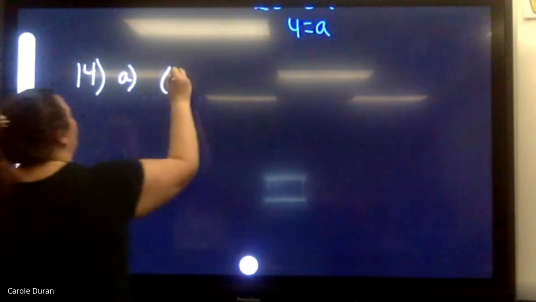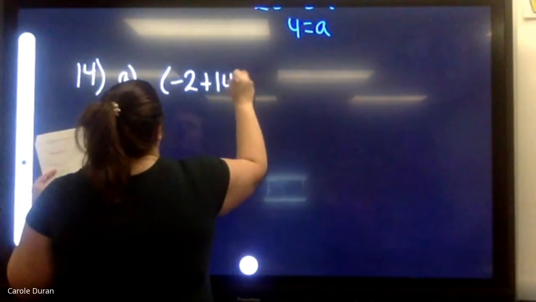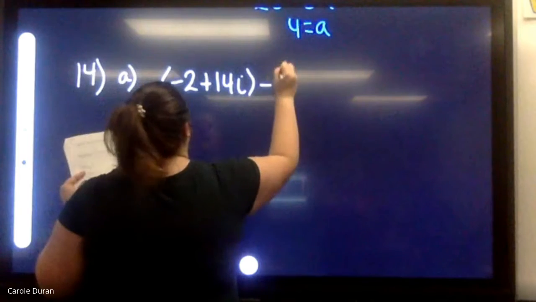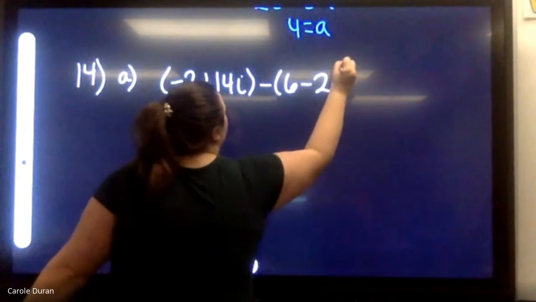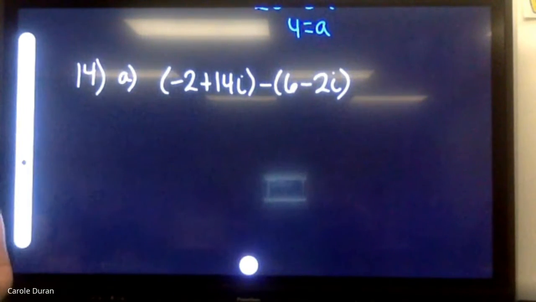14A. I have negative 2 plus 14i minus (6 minus 2i). Somebody talk me through this process. Cool, go ahead.